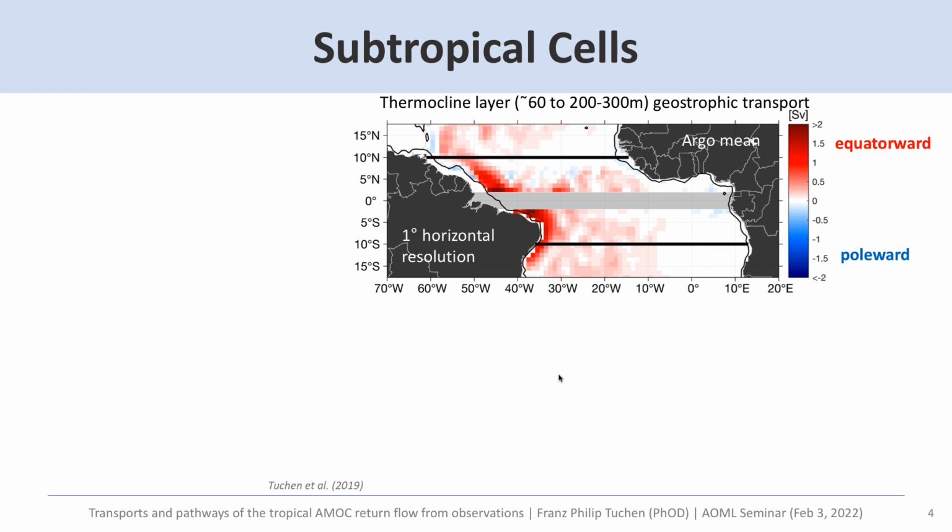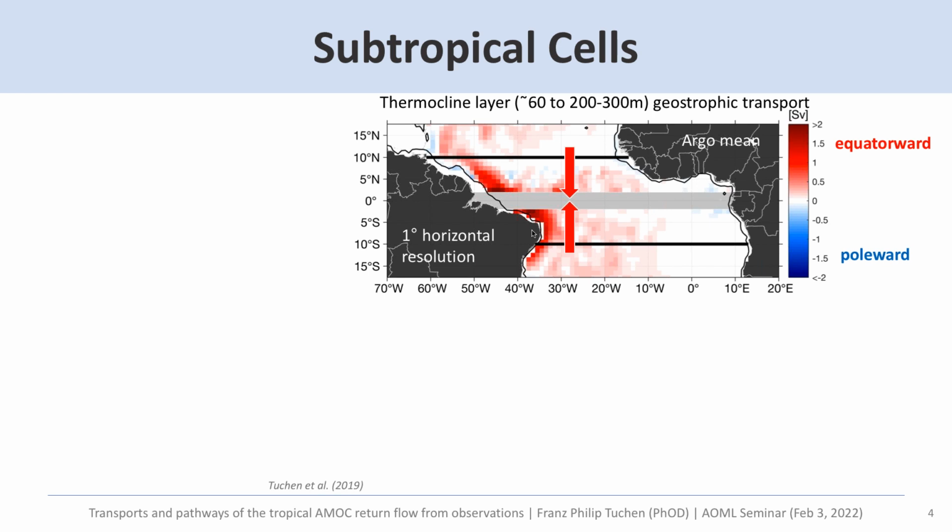I used a mean from an Argo climatology, the Roemmich-Gilson climatology, with a 1 degree horizontal resolution, which is shown here in this plot. And here it is important to note that all the red colors indicate equatorward transport, and the blue colors indicate poleward transport. So just to illustrate the convergence of mass transport in the thermocline layer.